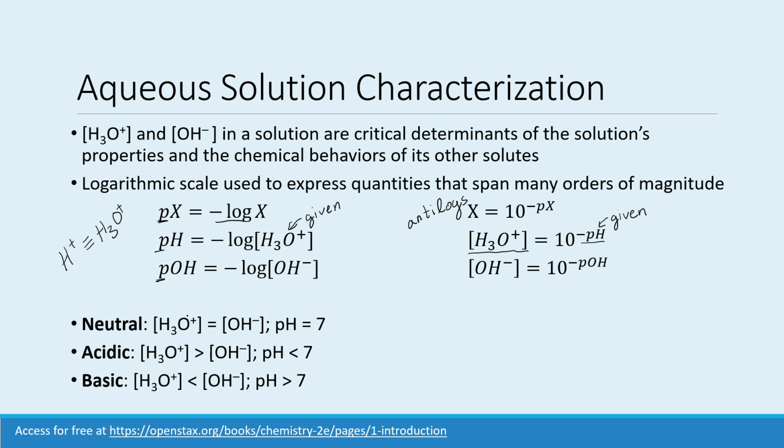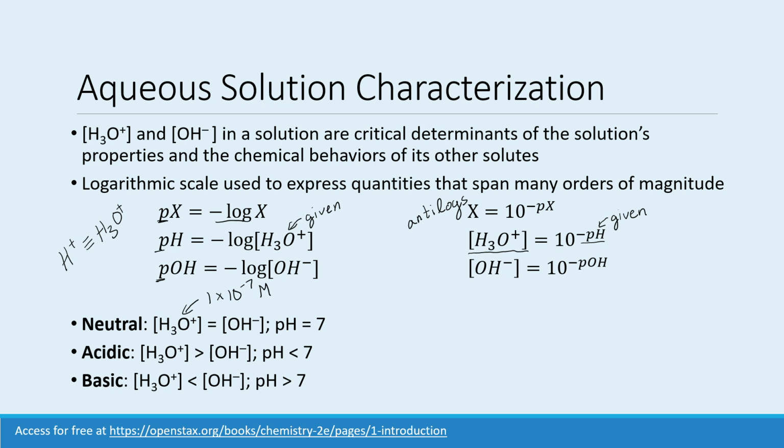Okay, so just keep in mind that as long as you're at 25 degrees Celsius, then that means that the hydronium ion and the hydroxide ion concentrations will be 1 times 10 to the negative 7th molarity. And so that's where you're getting that pH of 7.